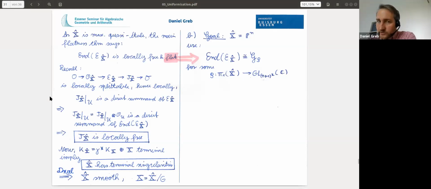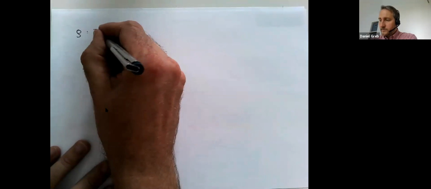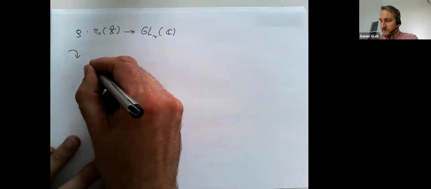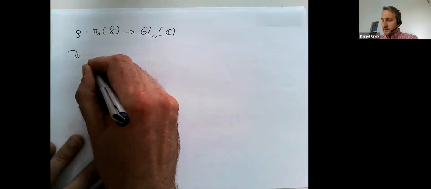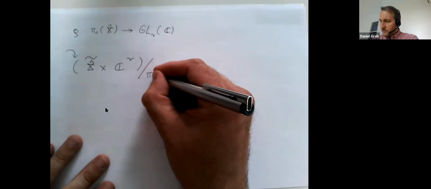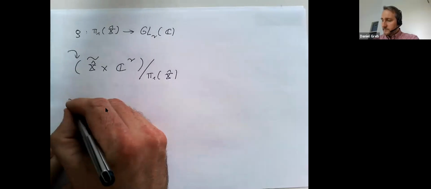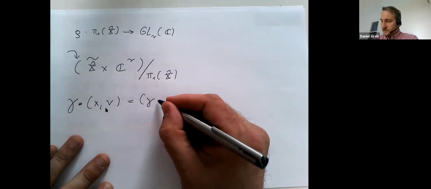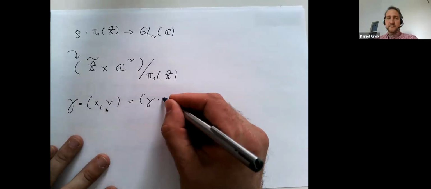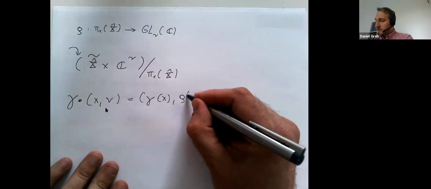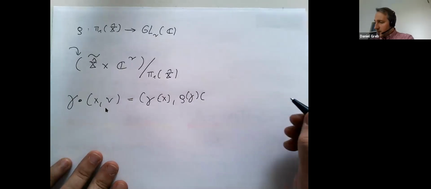If I have a representation rho from pi 1 of X hat to some GL_r of C, then I take the universal cover of X hat, cross it with C^r, and then divide by pi 1 of X hat, where the action on a point of this tuple is the deck transformation action on the universal cover, and here I take rho of gamma, which is an endomorphism of C^r, and apply it to v.